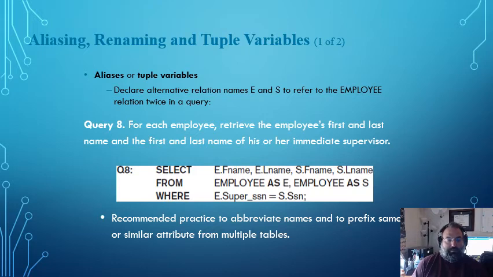So you can select F name as first name spelled out, perhaps, if you include the word as afterwards. It is sometimes a good idea to use abbreviations and prefixes, but the primary goal of any language, SQL included, is clarity and readability. So you want to balance the length of the names with the readability of the queries.